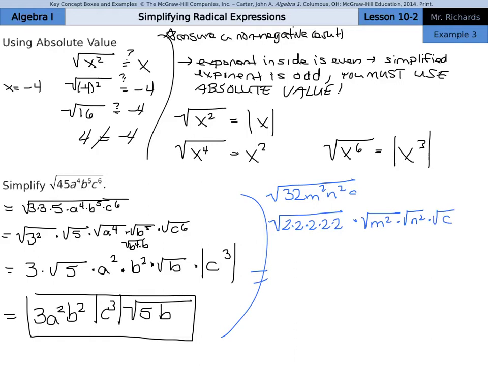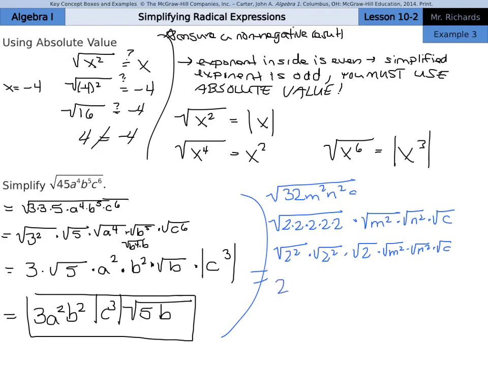Well, I can take my 2's and break it into groups of 2. So I could have the square root of 2 squared times the square root of 2 squared, and then I'm still going to have just one left alone, square root of 2. And then times the square root of m squared, n squared, and square root of c.